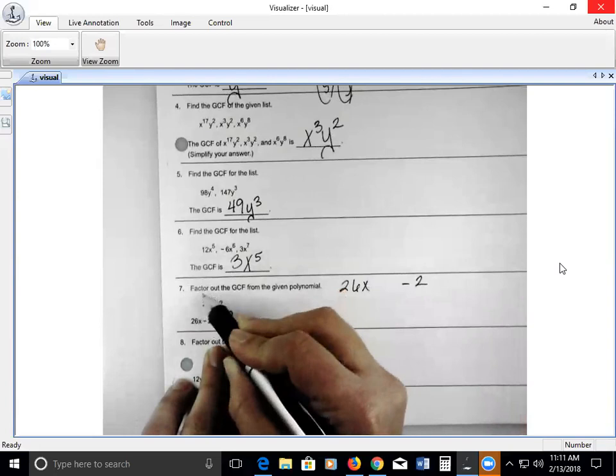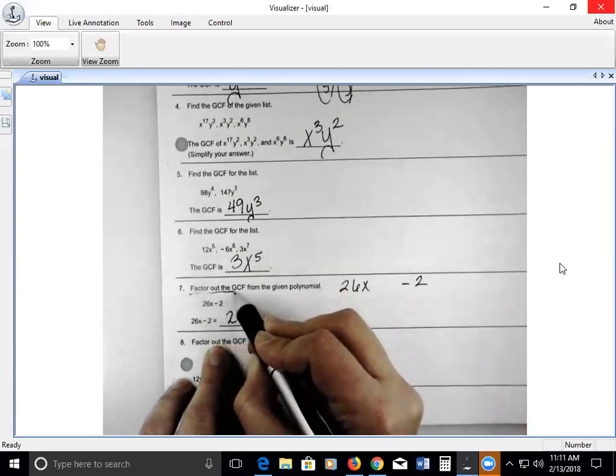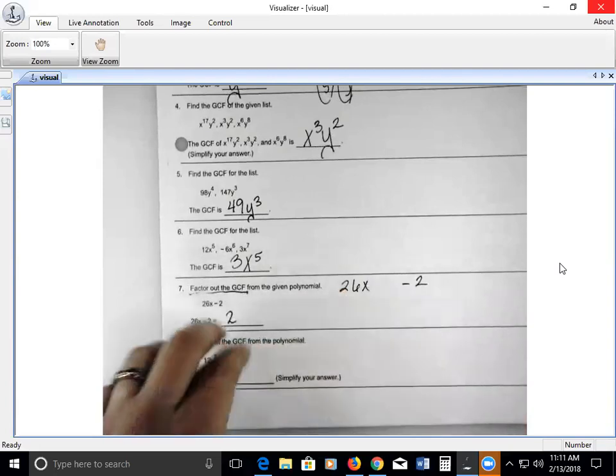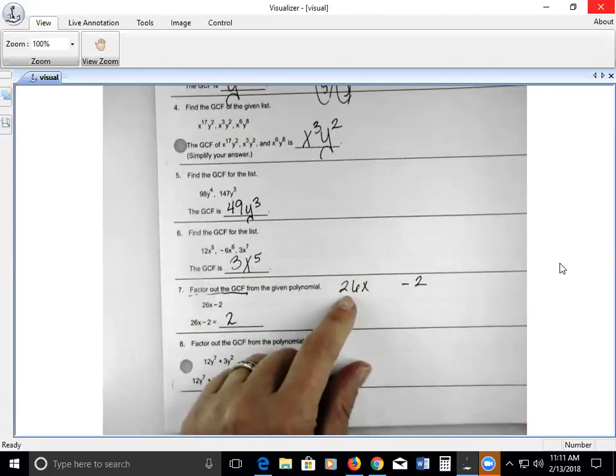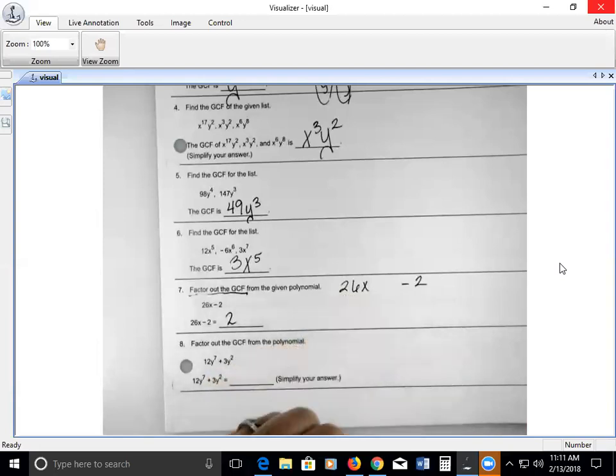Now, on question 7, they're only asking you to factor out the GCF, but I want to go a step further. When you pull this GCF out of the term 26x, what is your remainder? You have 26x and you're extracting a 2 from it. Remember that 2 is being multiplied, so the opposite is division.